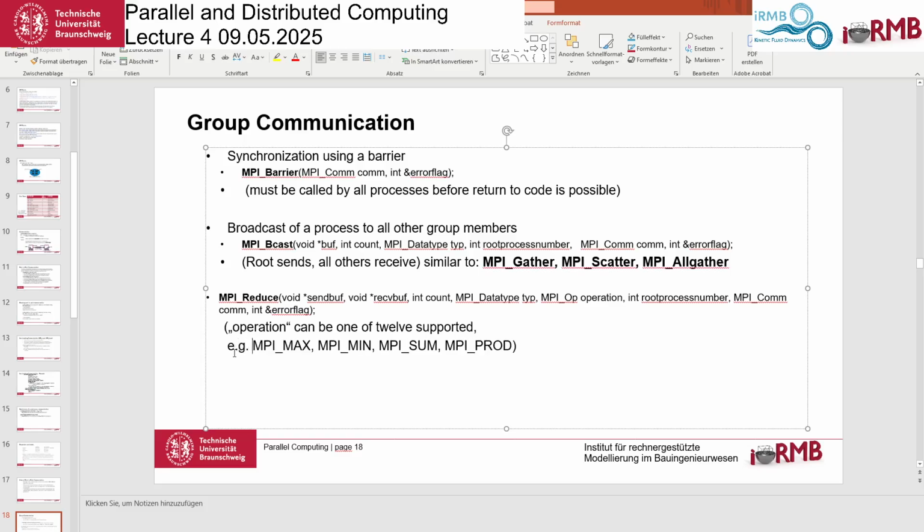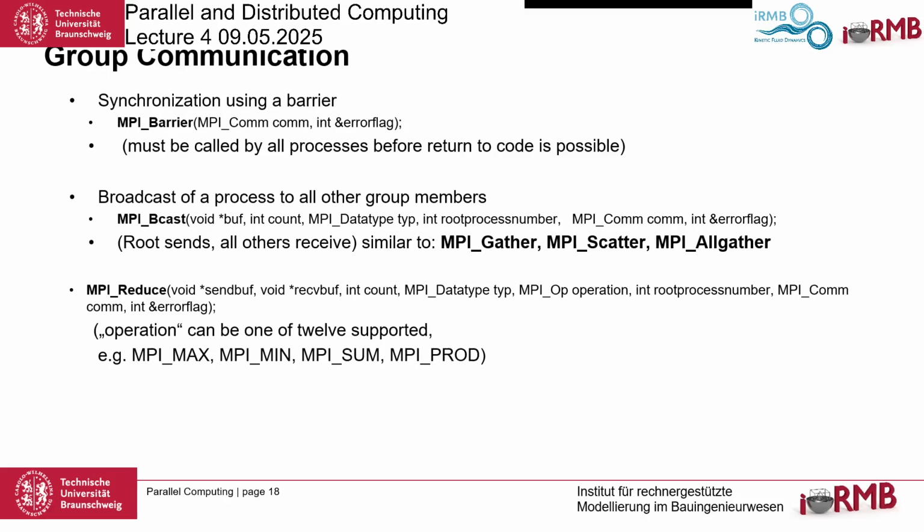As an example, there will be the maximum, the minimum, the sum, or this kind of thing. For example, you're looking for the shortest path in a network. You distribute the network over several machines.